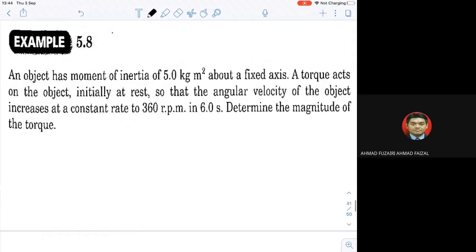Let's say, for example, 5.8: an object has a moment of inertia I about a fixed axis.